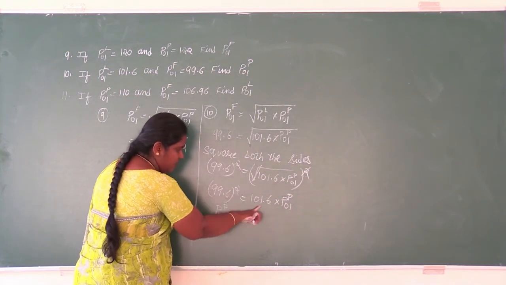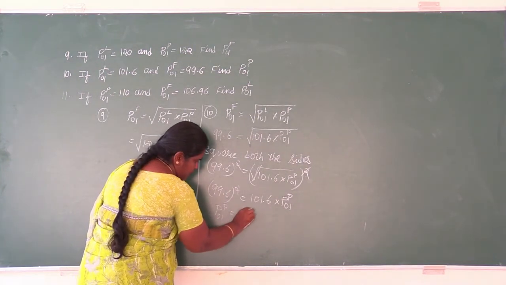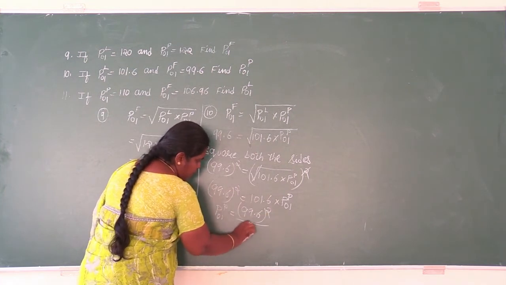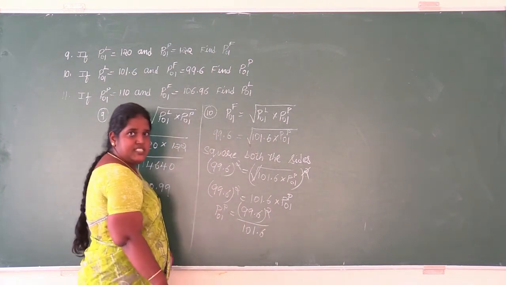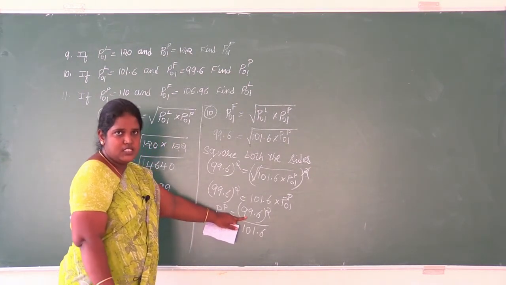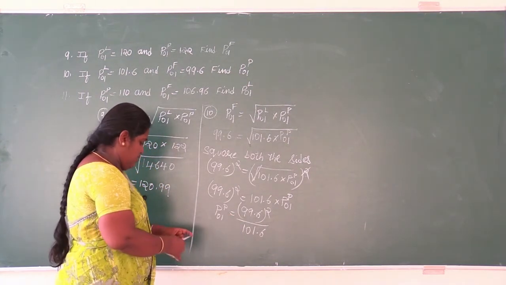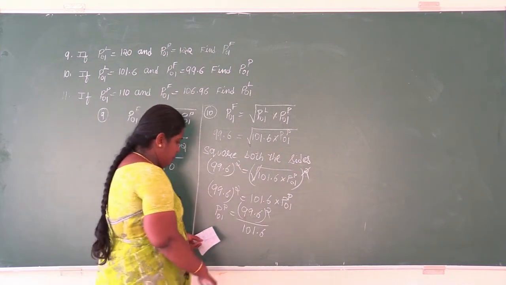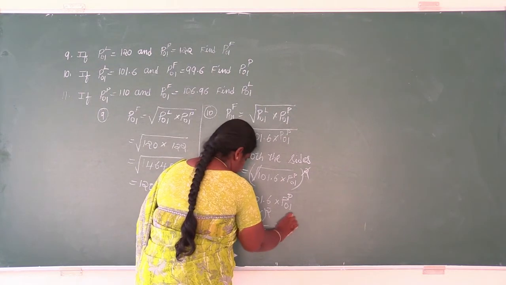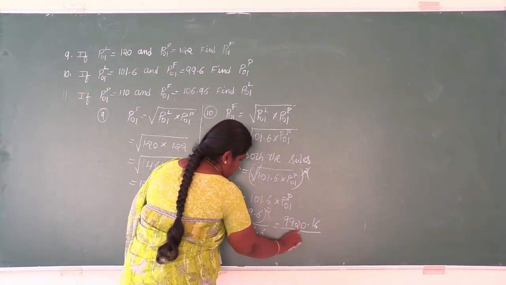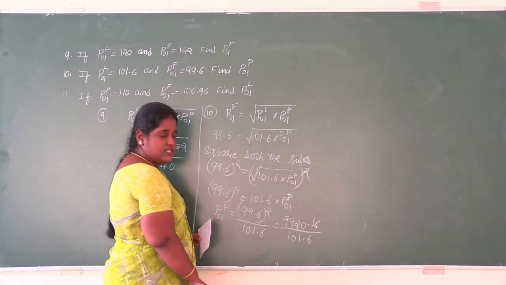Now how do we find P01P? We have to divide these two values, that is 99.6 whole square divided by 101.6. So first square this, that is, multiply the same number one more time. So 99.6 into 99.6, which is 9,920.16, divided by 101.6.